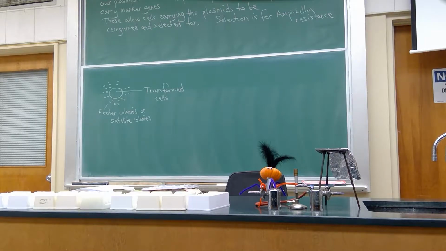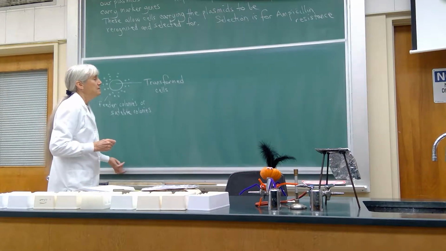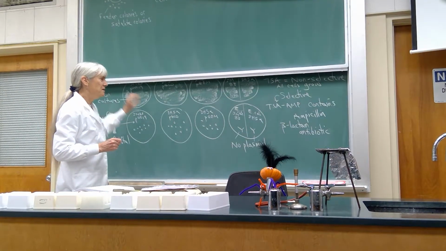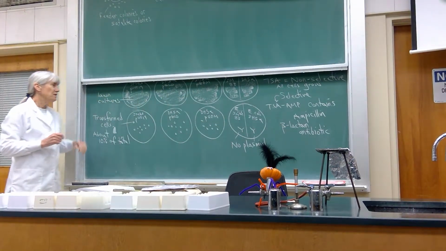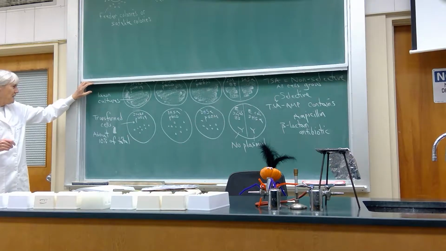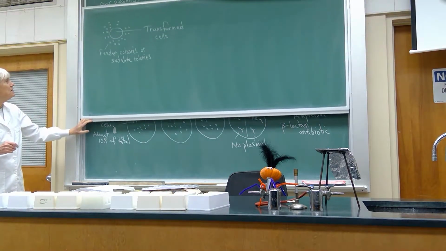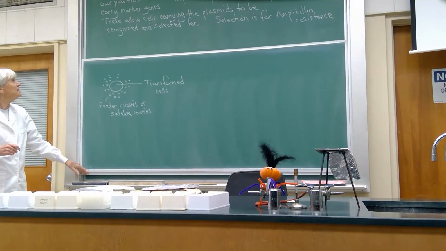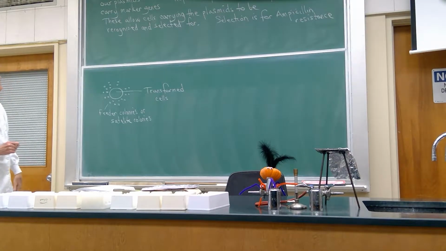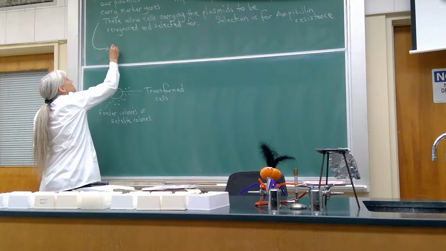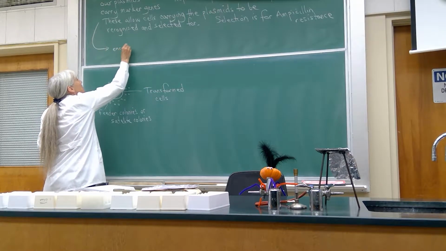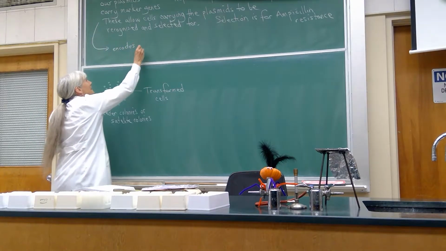Well, let me give you a hint. The medium that we have contains the antibiotic ampicillin. And our plasmids are carrying a gene, the marker gene. This marker gene encodes beta-lactamase.